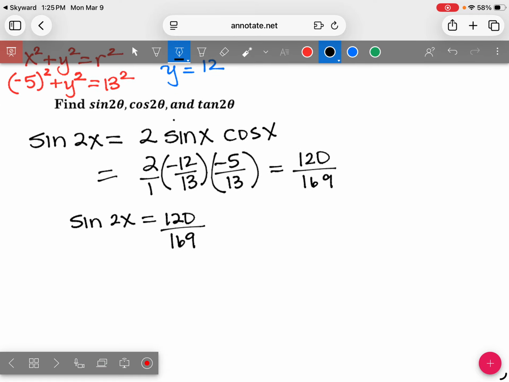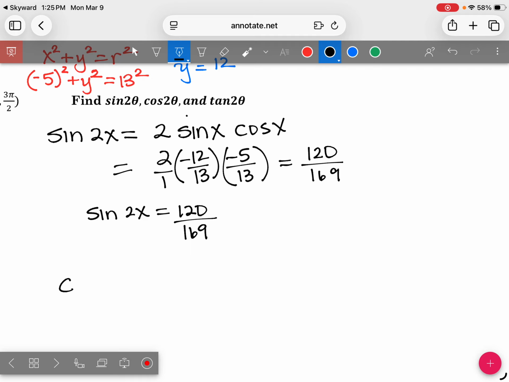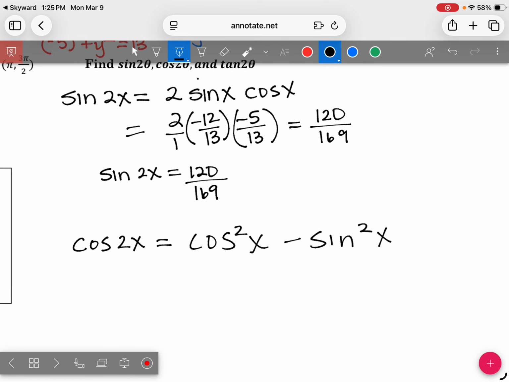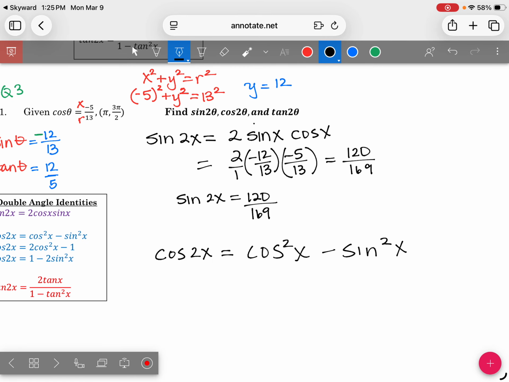All right, so for my cosine double angle, it says cosine squared minus sine squared. So cosine is negative 5 over 13 squared minus sine, which is negative 12 over 13.